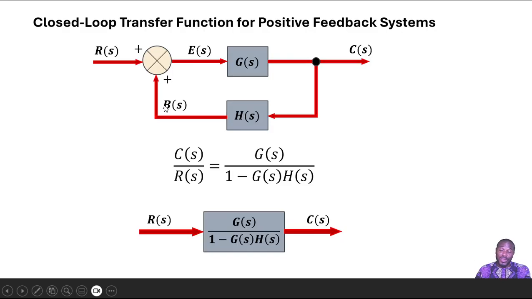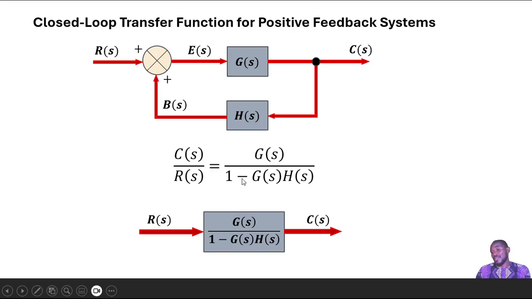So when you go ahead to derive the equation as we've done, when you move this plus B to the other side of the equation, it becomes minus. So this closed loop system has the same form of transfer function as the negative feedback system.